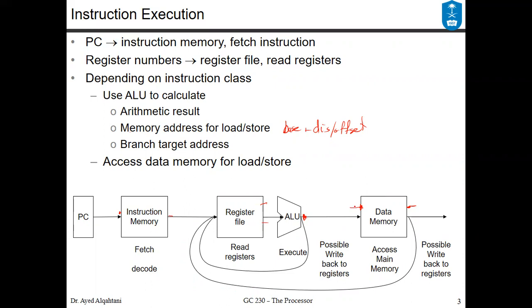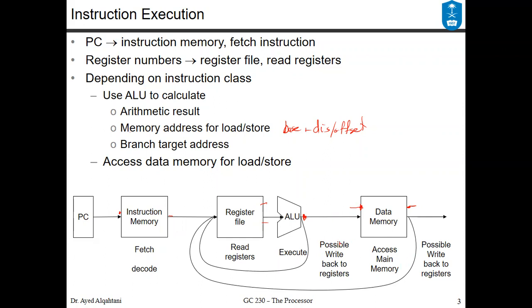If it is a store, then you give the data memory the address calculated by the ALU, and also the data that you want to store, and you save it inside the data memory, and you don't need to write back anything. For the store, there is no write back.